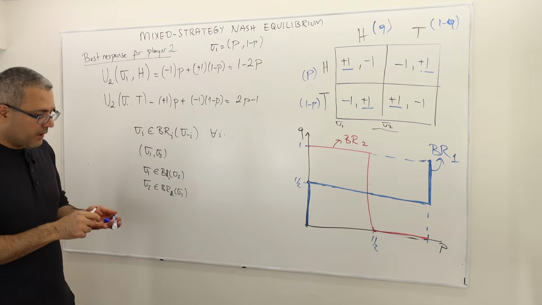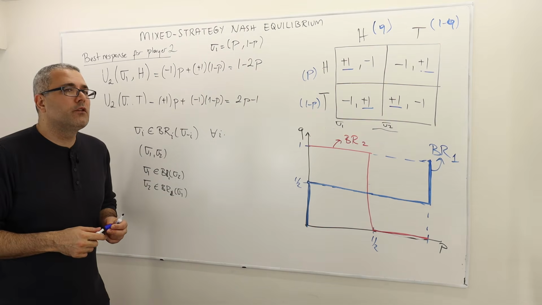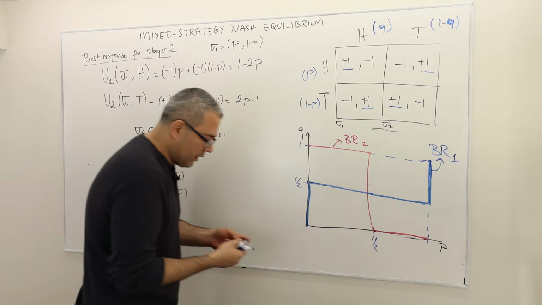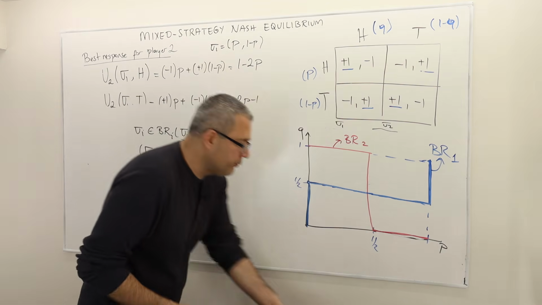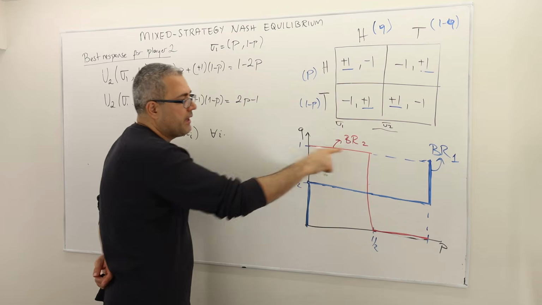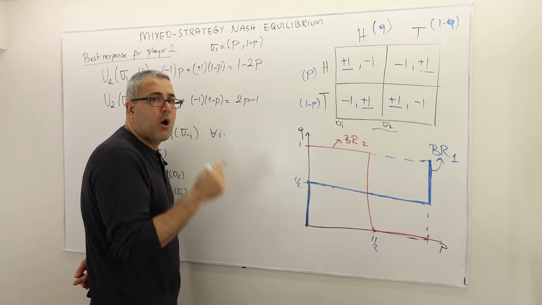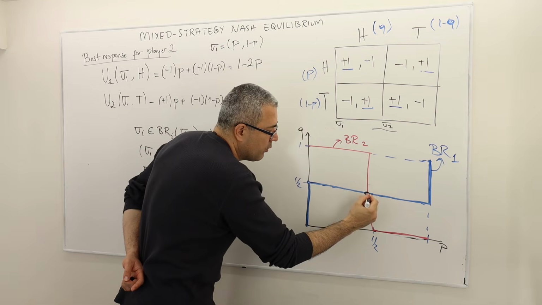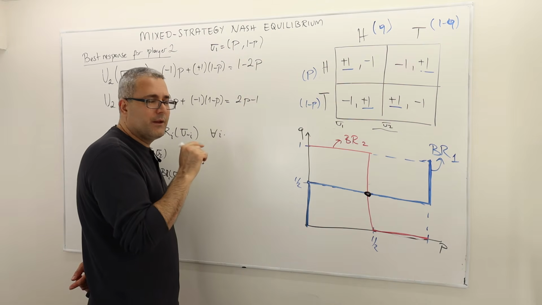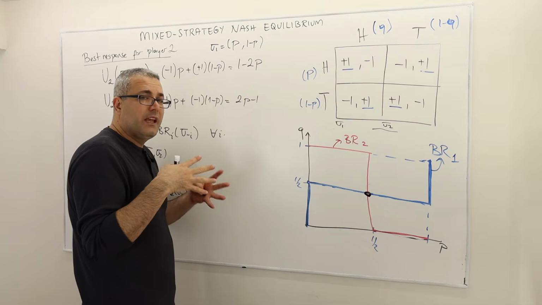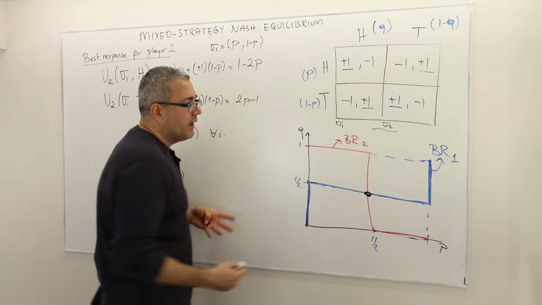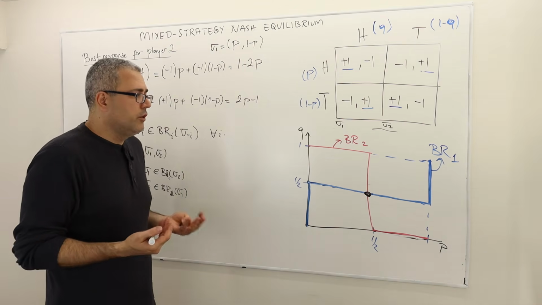So the point of intersection of these two best response curves is going to give me the Nash equilibrium, always. Here, these two best response functions intersect at only one point, which is this, right? Otherwise, they do not cross one another.